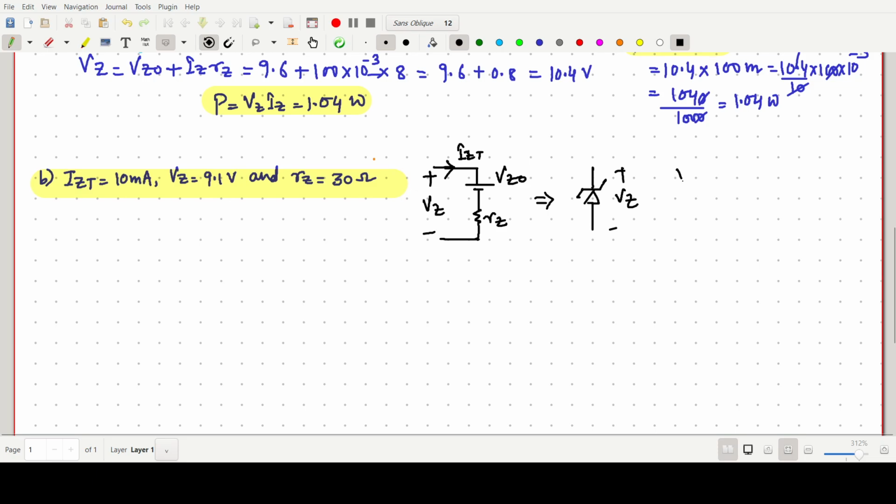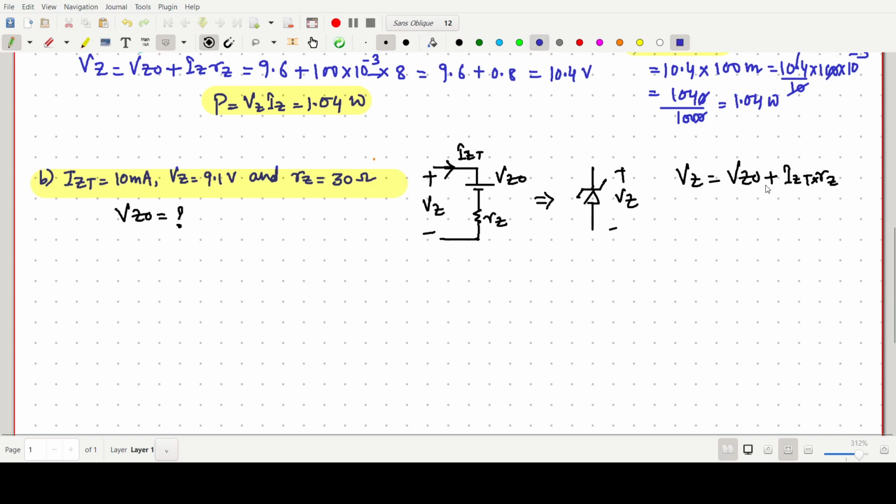Then as we know, we can write VZ equals VZ naught plus IZT into RZ. Now again IZT is given, VZ is given, so we have to identify the missing one, that is VZ naught.